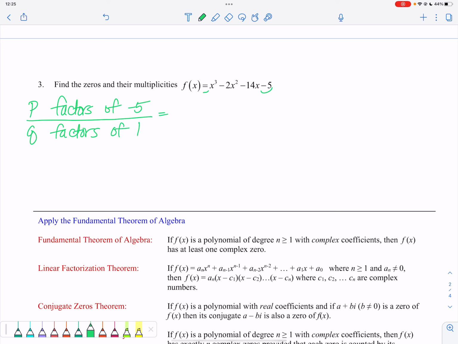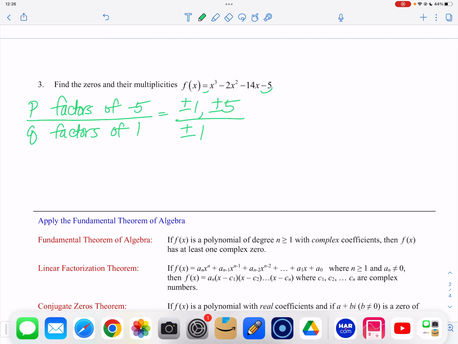So that will be plus or minus 1, plus or minus 5, divided by plus or minus 1. So really, we have a 1, a 5, and the opposite of them as well.